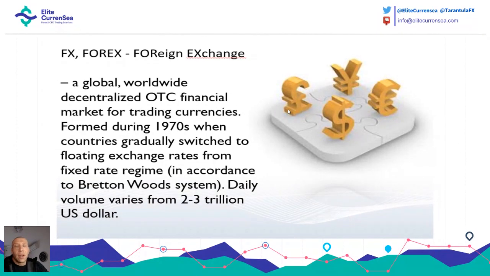It was formed during the 70s when countries gradually switched to floating exchange rates from the fixed rate regime, in accordance with the Bretton Woods system. The daily turnover was $2 to $3 trillion. Sometimes it even exceeds that. So basically it is the biggest turnover in all financial markets and generally in all markets. It's the most liquid and volatile market.